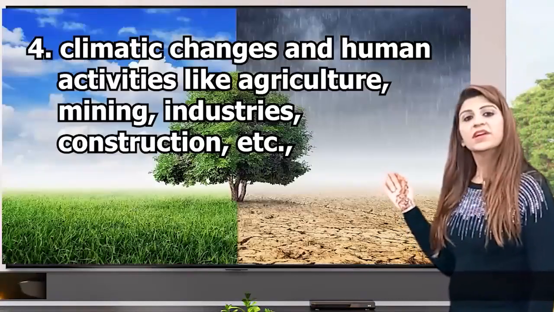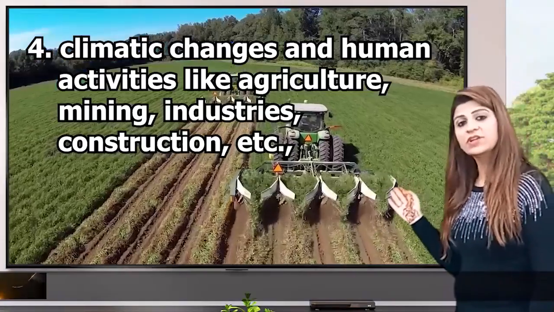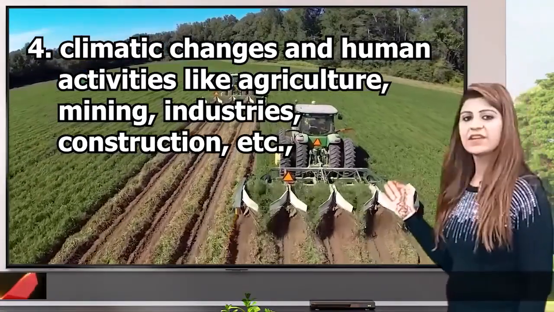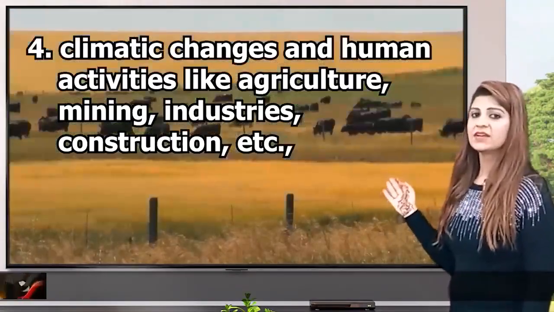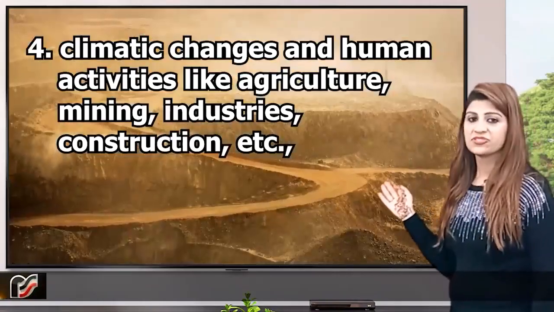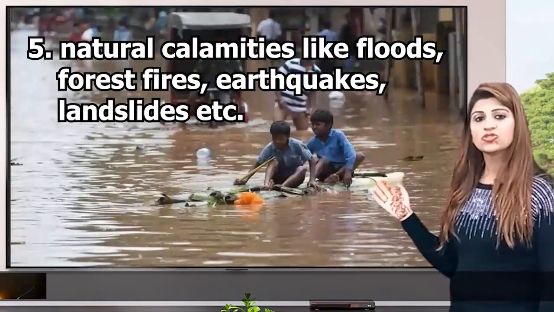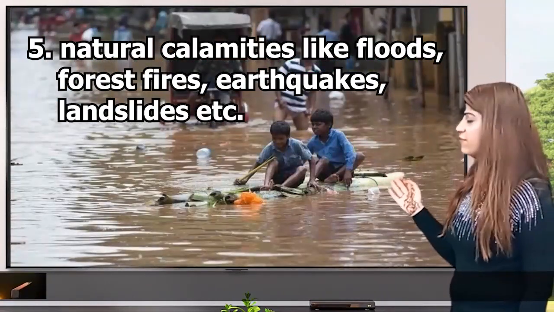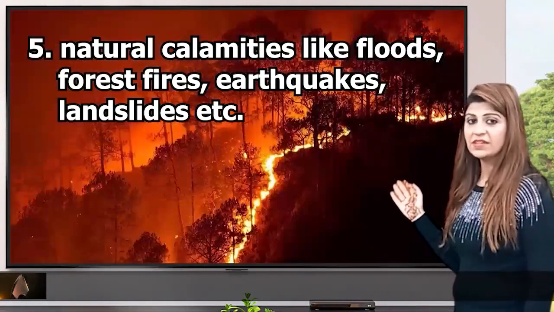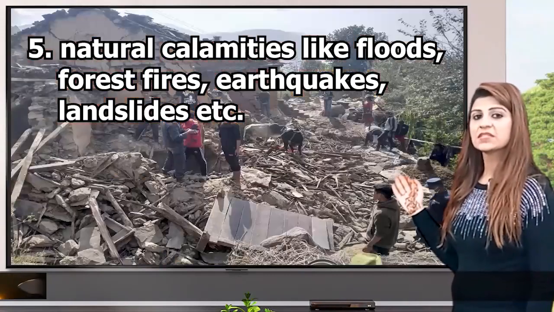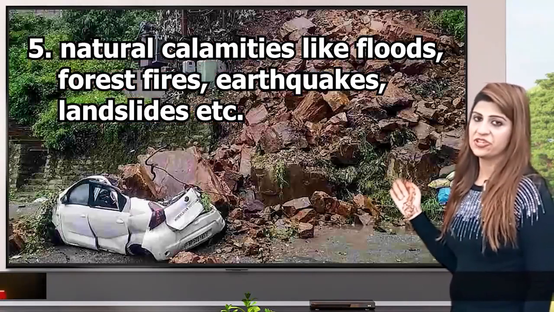Number 4, climatic changes and human activities like agriculture, mining, industries, construction, etc. Number 5, natural calamities like floods, forest fires, earthquakes, landslides, etc.